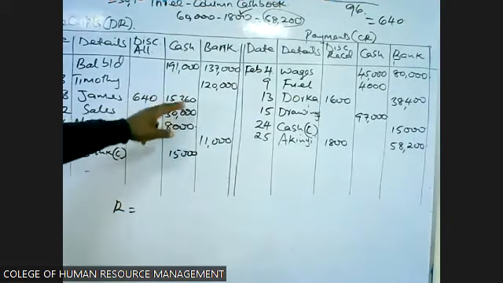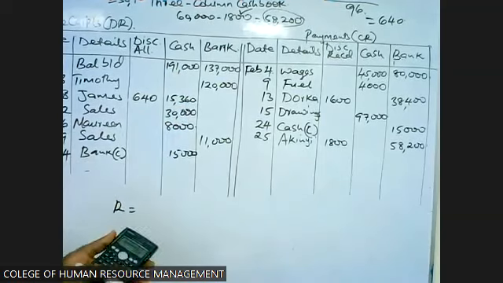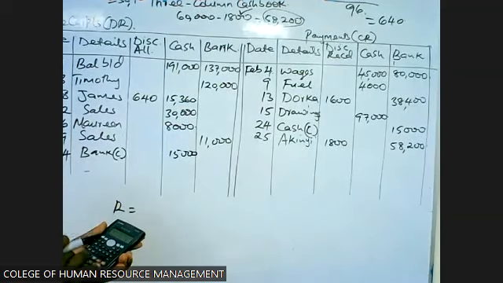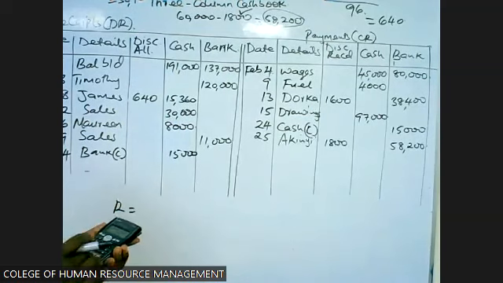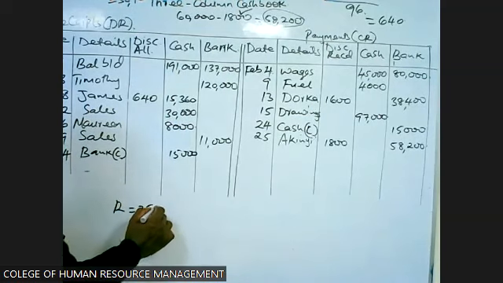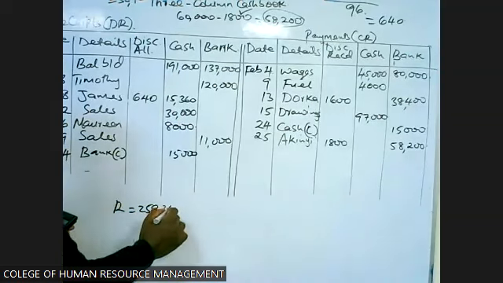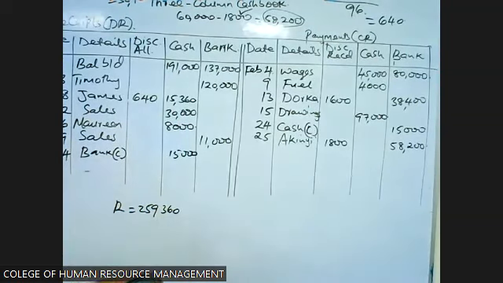So you add the total cash that we received in that month. 191,000 was the opening, plus 15,360, plus 30,000, plus 8,000, plus 15,000. We received a total of 259,360.